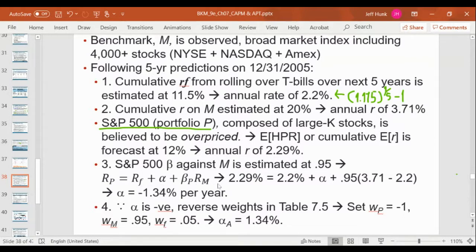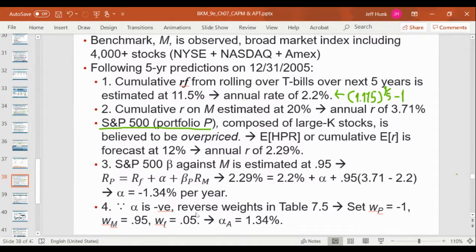We know it's supposed to be 2.29, because that's the annualized return on our portfolio. And we know 2.2 is risk-free plus alpha plus beta of S&P 500 times the premium, and do this. And alpha comes out as negative 1.34.